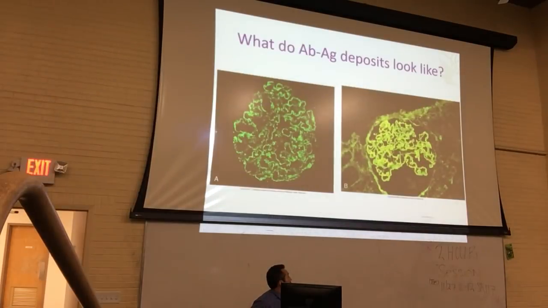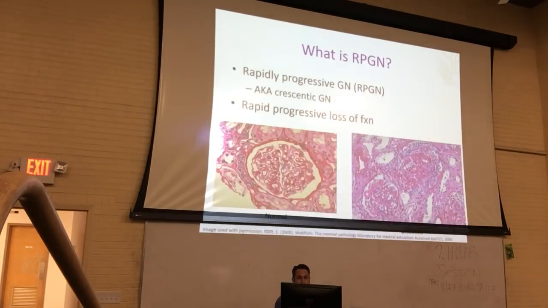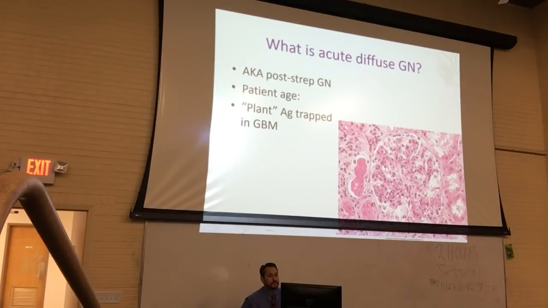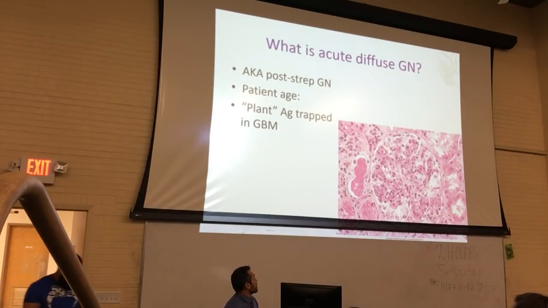And because it's granular in appearance, it's the left picture, right? A type 3 hypersensitivity. So type 3 on the left, type 2 on the right. In acute diffuse, we've got this antigen-antibody complex that's trapped in the glomerular basement membrane. We start developing these big inflammatory events.